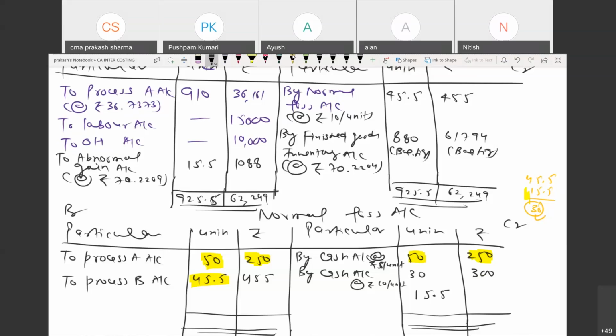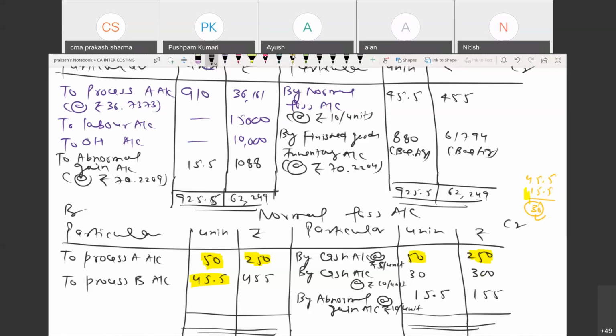These 15.5 units could not be scrapped at the rate of rupees 10 per unit because of abnormal gain. So this amount will be charged to abnormal gain account at the same rate which could have been realized had there been no abnormal gain. So the amount would be 155.